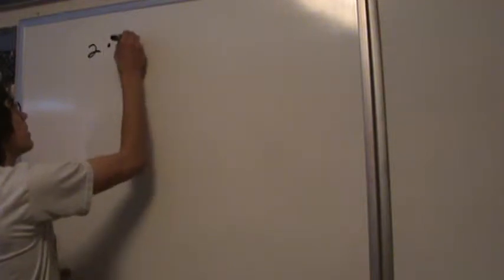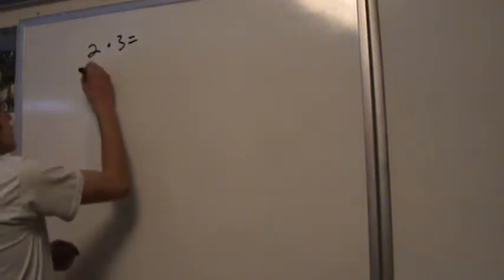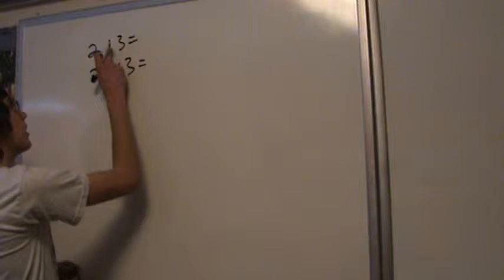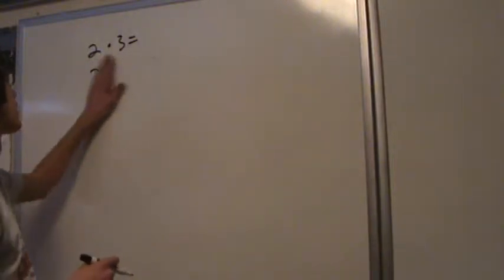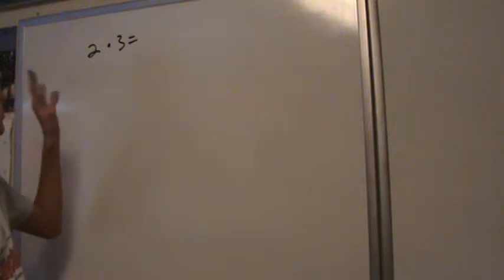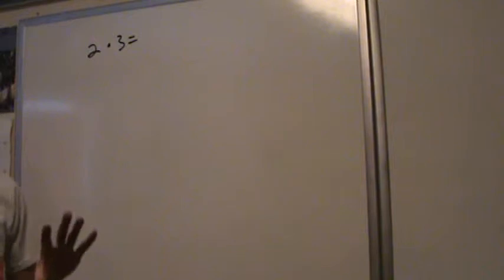Now, I'm sure you guys have wondered what this little dot means. The dot means multiplication. It's the same thing as saying 2 times 3, only we're using a dot because in algebra later on we'll see things with the letter X involved, and we'll be getting those confused with multiplication, and so that's why we use dots or parentheses.